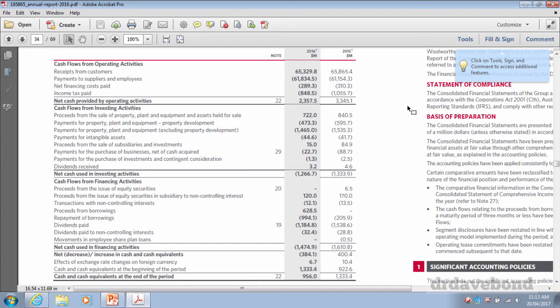They have the start amount, which is what you'd see on the balance sheet, the 1.3 billion, and they have the end amount, which is what you'd see on the balance sheet. And if you went away and had a look at the balance sheet, you would see those exact numbers sitting there. So if you want to think about this, what the cash flow statement does is it takes the cash balance at the end of the year and at the start of the year, and we have 956 and 1333.